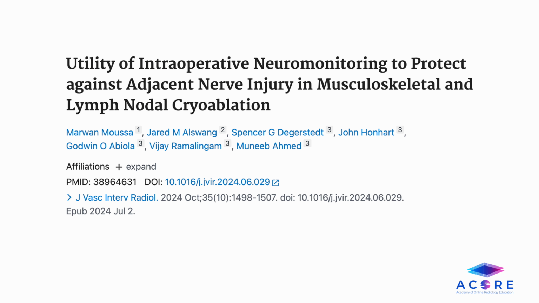This is the study we're going to be discussing today. It's titled Utility of Intraoperative Neuromonitoring to Protect Against Adjacent Nerve Injury in Musculoskeletal and Lymph Nodal Cryoablation, and it was published in the JVIR in October 2024.